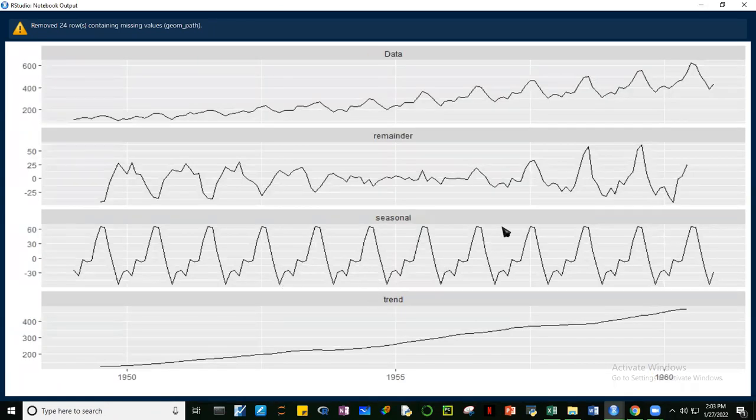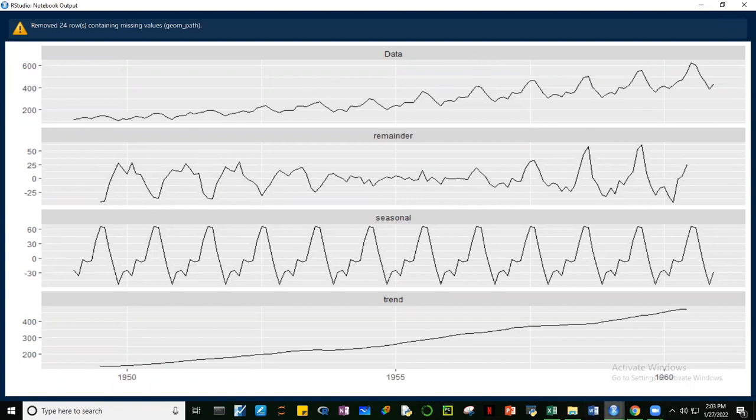Okay? Sabi natin gawing additive seasonality. Tapos ito yung remainder. Ibig sabihin, ito yung hindi ma-model. Okay? Ito yung if you add the trend and the seasonality, kung ano yung natitira, as compared to the data, ito yung remainder. Alright?